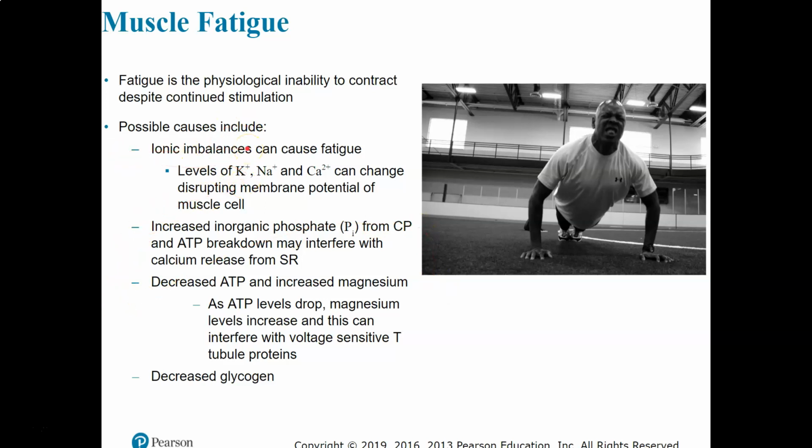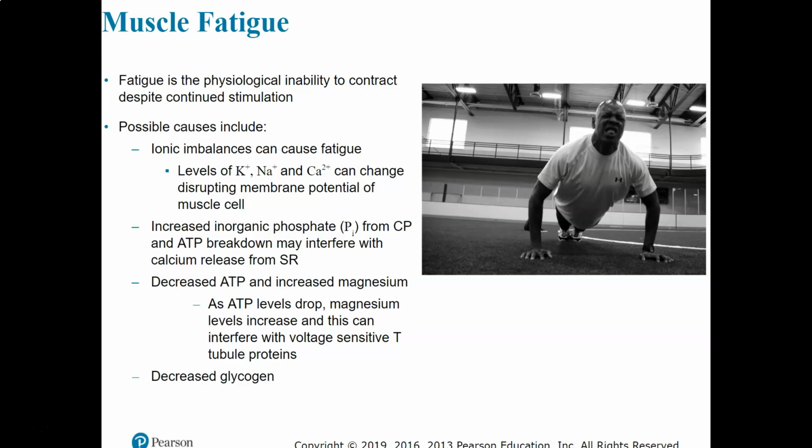So when our levels of potassium, sodium, and calcium get out of whack, our muscle can no longer properly send signals. When we get too much inorganic phosphate from the breakdown of creatine phosphate and ATP, that inorganic phosphate can interfere with the release of calcium from the sarcoplasmic reticulum.